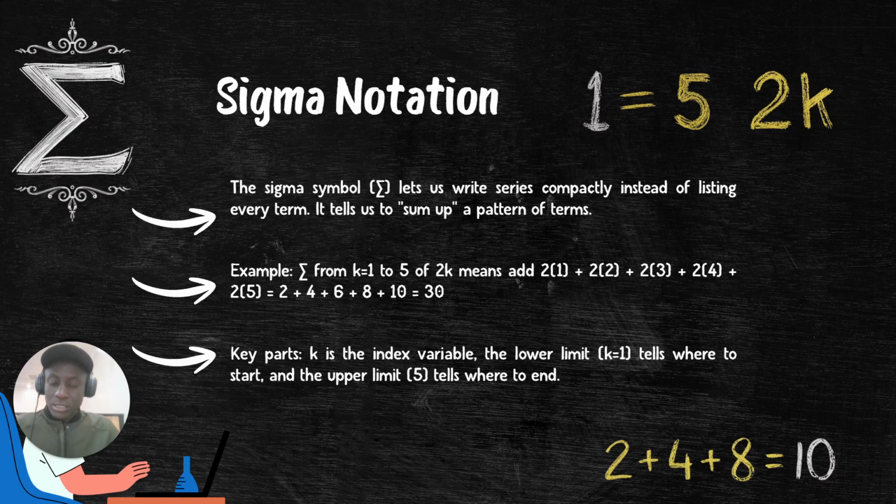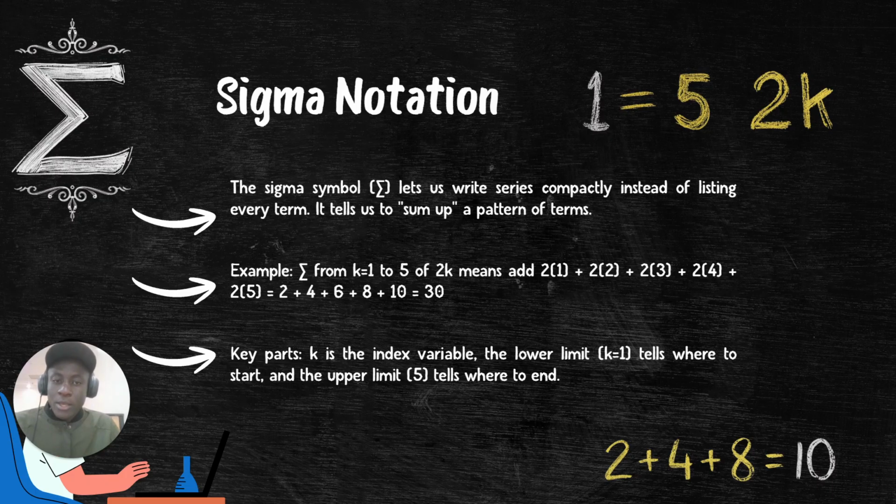So this is what is called sigma notation. You just use that symbol to represent what you are adding instead of listing everything, because some of the sums have very, very many terms and you can't add them one by one. You have to use sigma notation.